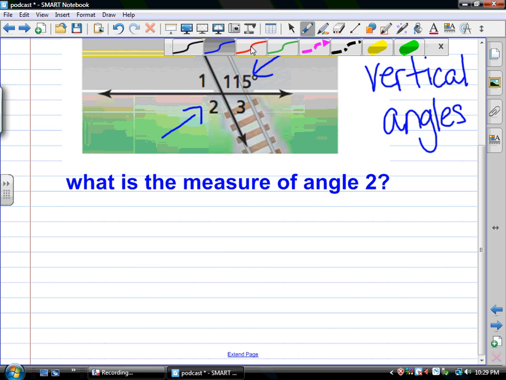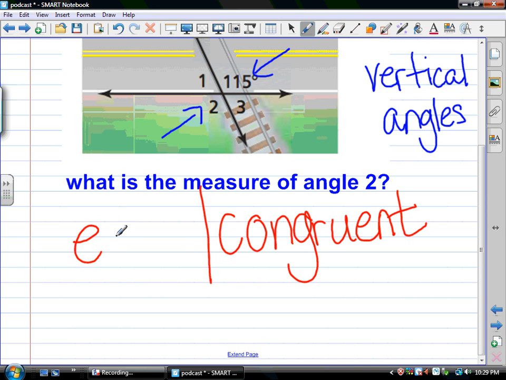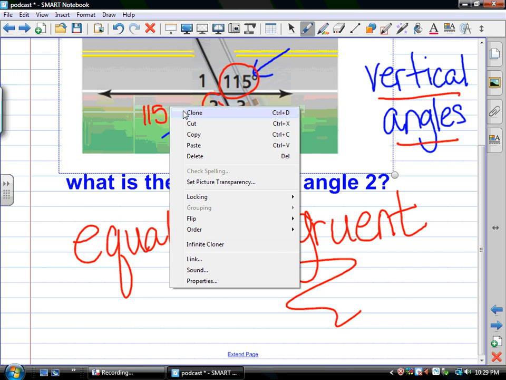Vertical angles are congruent. Congruent means equal, the same. So by definition, these two angles have to be vertical angles and they have to be congruent. So if this is 115 degrees, angle 2 has to be 115 degrees also.